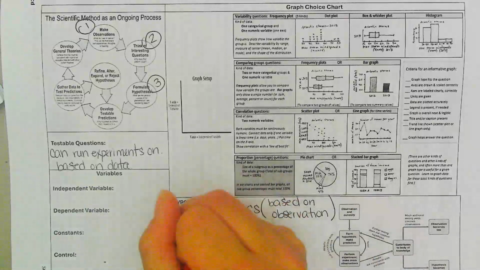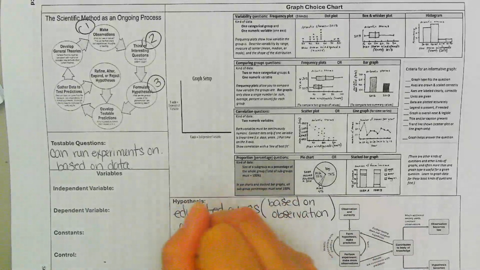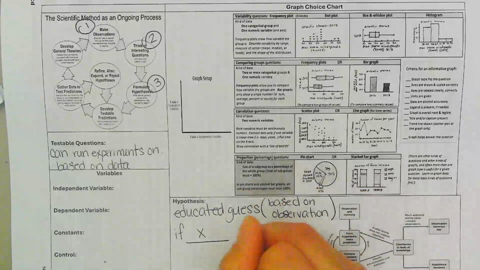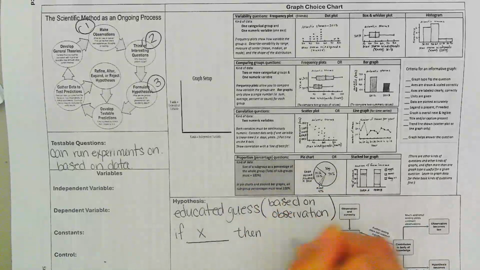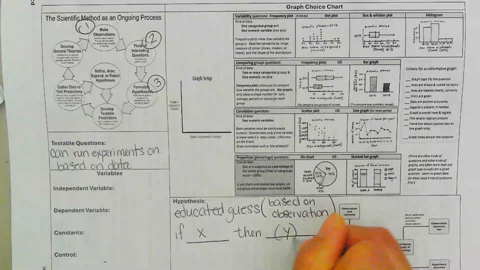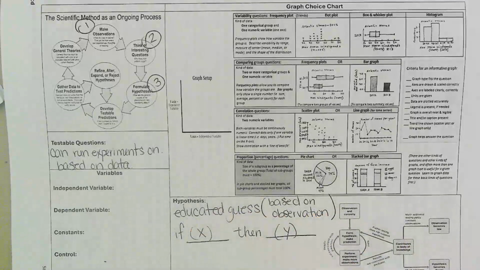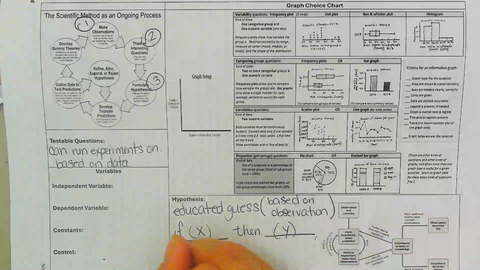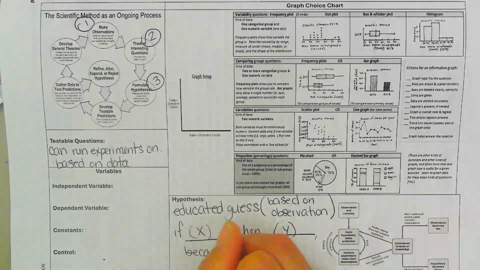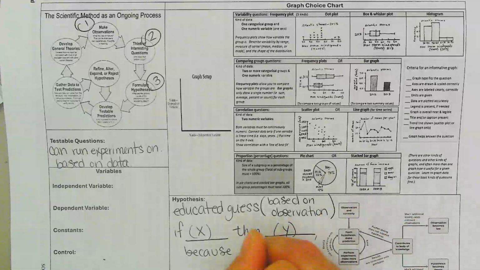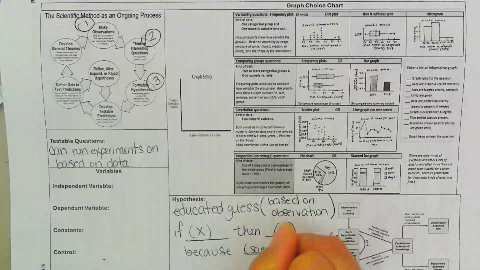If I do blank, then blank will happen. If I do blank, then blank will happen because blank. This is where you introduce that science knowledge.